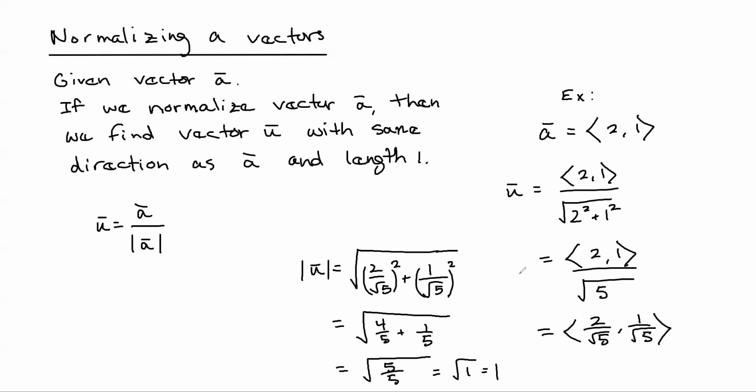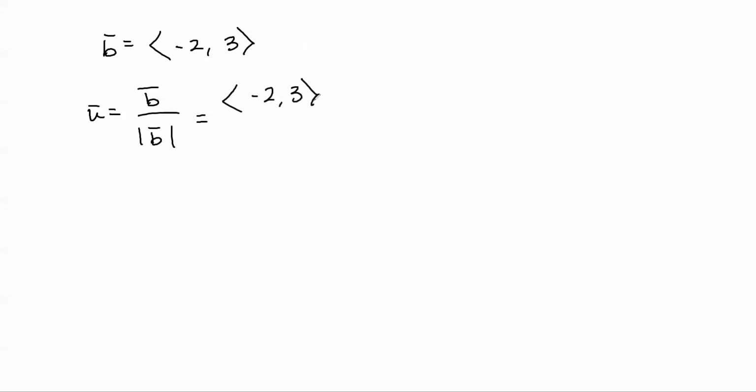Okay, let me do one more example. So let's say we had vector b, and let's say it had components of (-2, 3), and we wanted to normalize vector b. If we want to normalize vector b, we would create a new vector u, which is b divided by the length of b. And so that's going to be (-2, 3) divided by the length, which is the square root of the components squared.